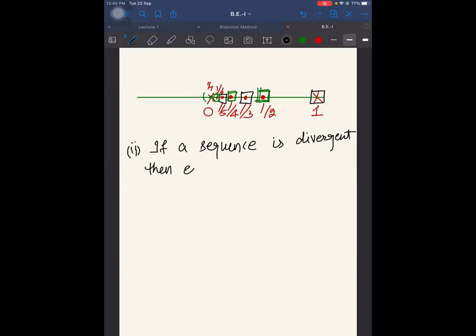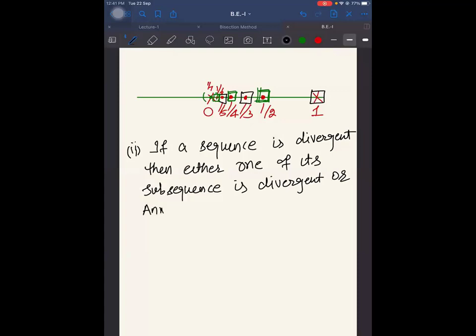Either one of its subsequences is divergent, or any two subsequences converge to two different limits.